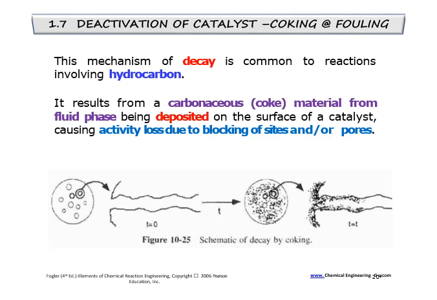And then let's have a look at the deactivation of catalyst due to coking, or the other name is fouling. Deactivation of catalyst due to coking or fouling usually involves reactions that involve hydrocarbons, like alkane, alkyl, alcohol, etc., that has the C bond.